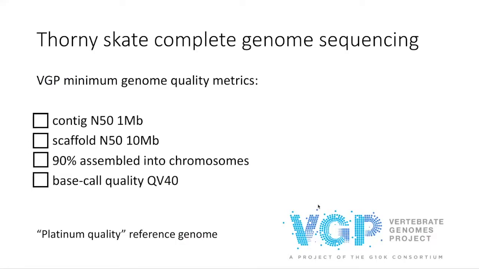The VGP has several quality metrics they use to define platinum quality genomes. There are 4 general metrics, the first 3 of which have to do with differing hierarchical levels of assembly completeness and contiguity, and the last one has to do with individual nucleotide call quality.